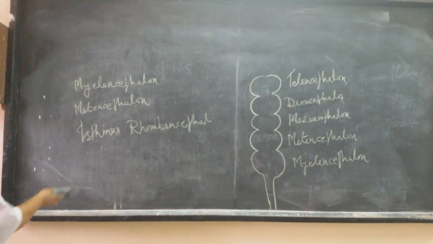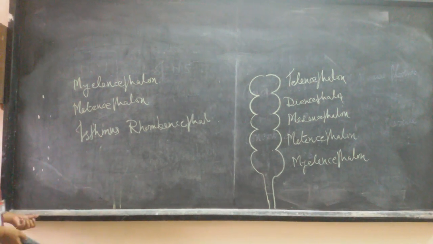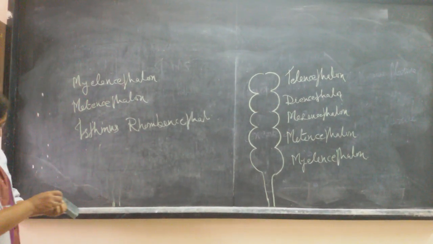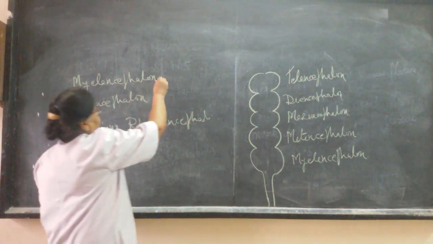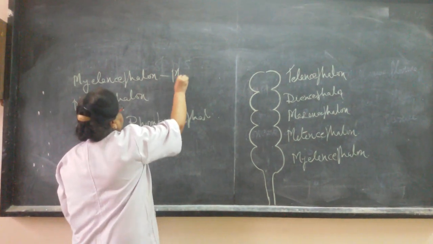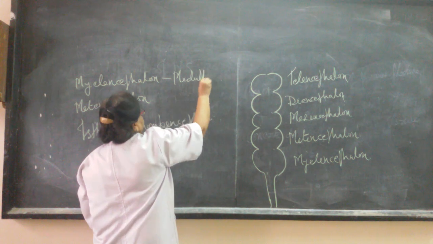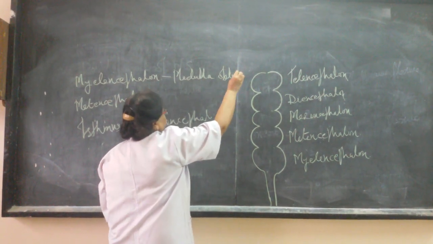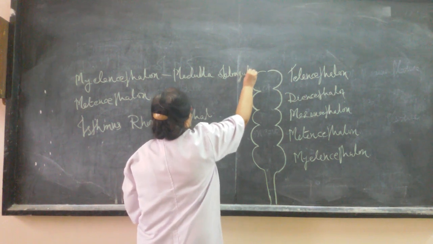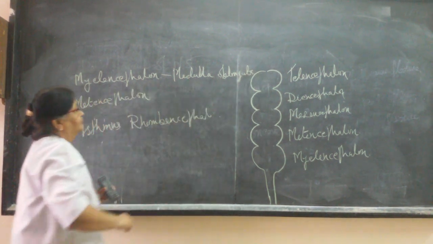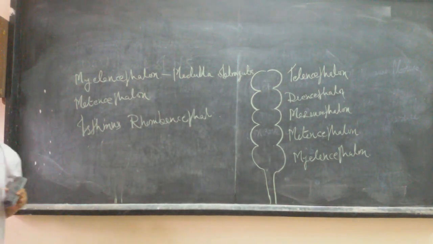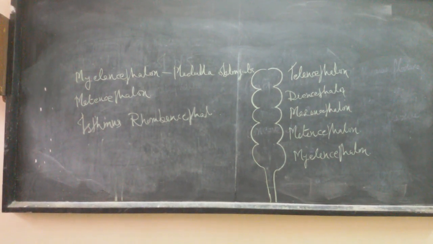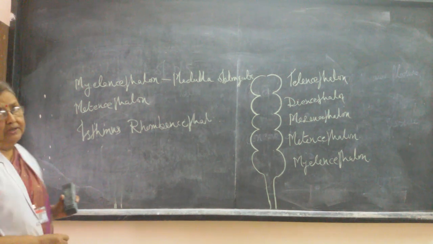Now, what is the fate of the myelencephalon? The myelencephalon forms the medulla oblongata. And the grey matter present in this region undergoes differentiation to form various nuclei.